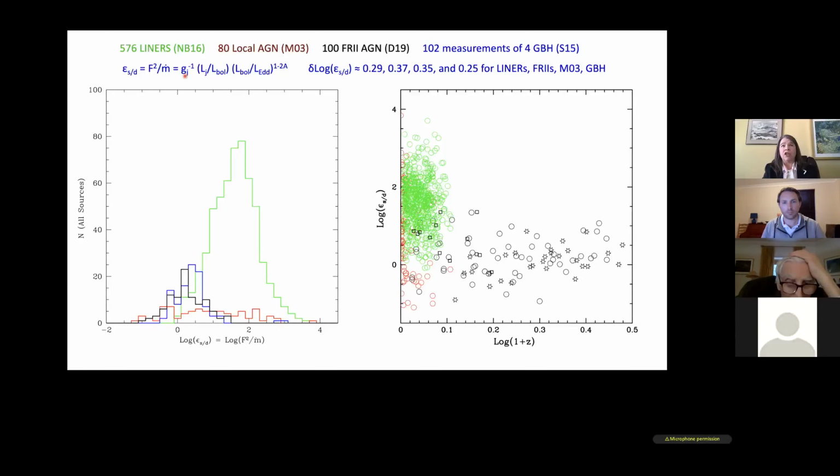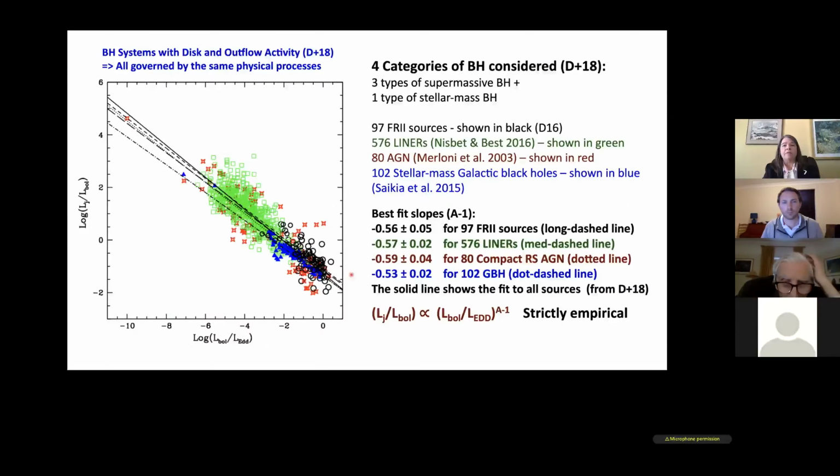Because this has this Gj to the minus 1 in it, which is about a factor of 10, this is shifting this by about a factor of 10 from this figure here.